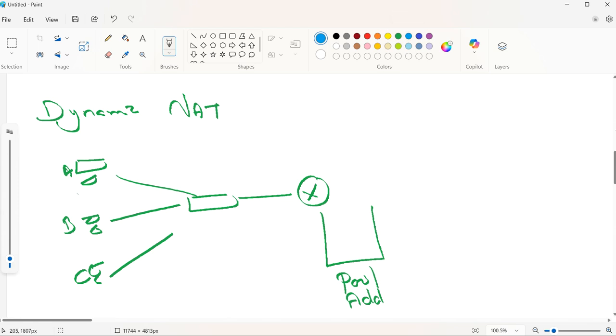You see the original address is 10.0.0.1. Here I have drawn only 3 computers. Take it as 300 computers here.